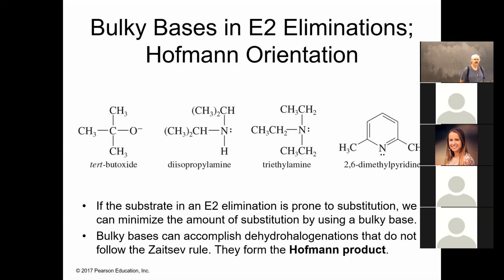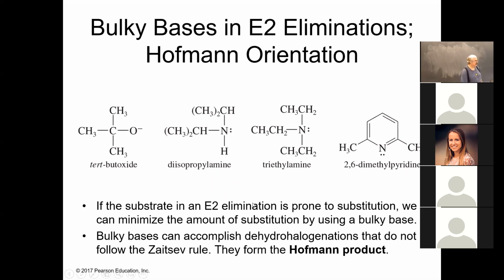If we have a primary or secondary alkyl halide, that's usually going to be prone to SN2. However, we can often force an elimination, and we can also force what is called the Hofmann orientation by using a bulky, crowded base.